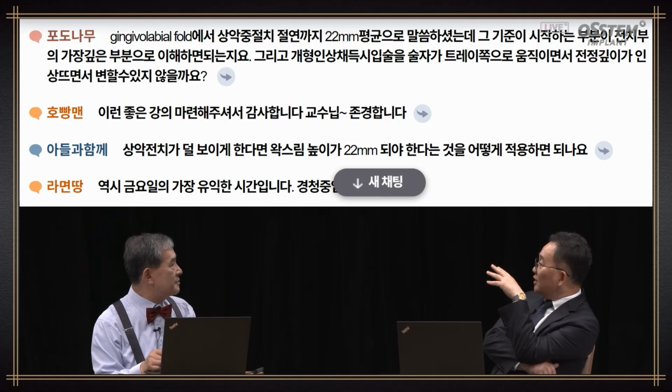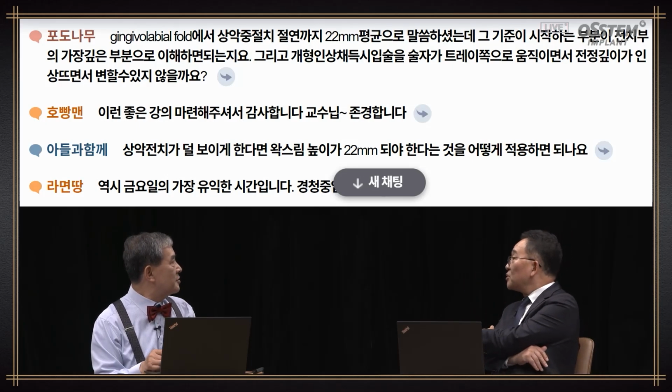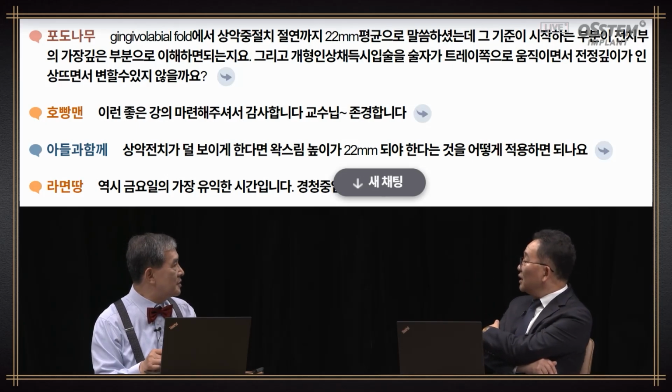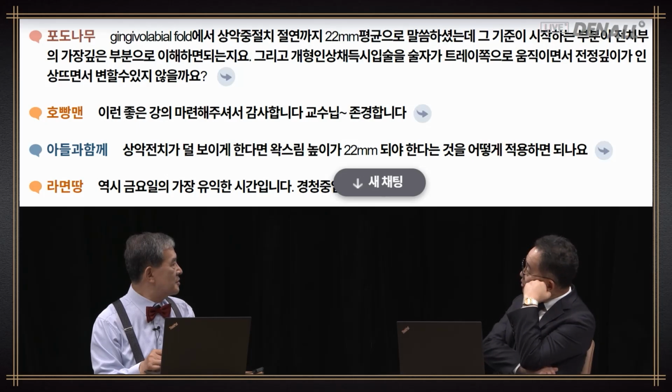The first part, from the incisive margin up to the deepest part of the vestibule, is 22 millimeters on average, and you remove 1 to 2 millimeters depending on the patient. You may at times increase it, but most of the time it is reduced. I'm unsure of what this person means by snap impression.